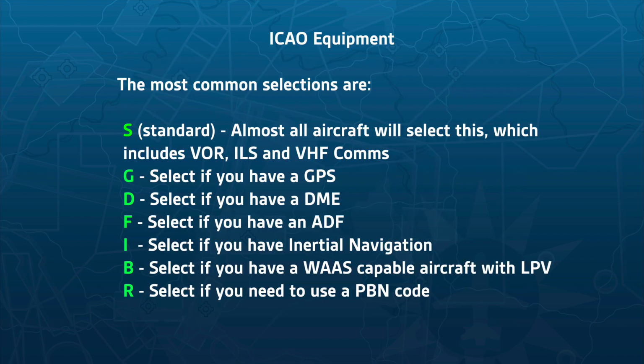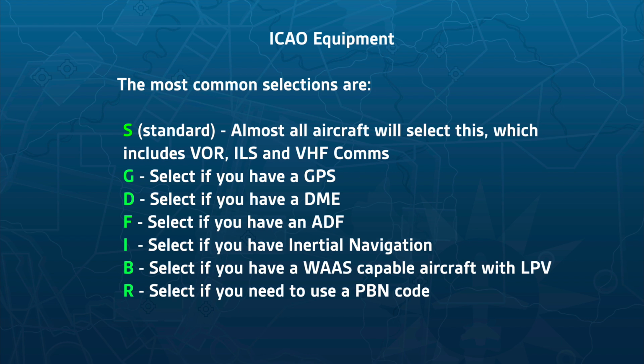So this is a list of the most common ICAO equipment codes, and the first you'll see there is S, which stands for standard, and almost all aircraft will select this. It does include a VOR, an ILS, and VHF comms. Instead of selecting those individually, S is just the standard that you would select there.